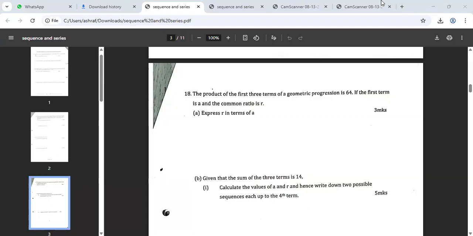Okay, it's like there's no one. But did you download the paper? Do we have the paper? Okay, no one is responding. I'm assuming we don't have. So let's go through question number 18.